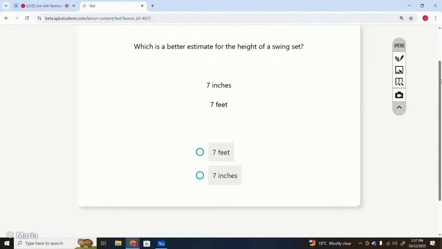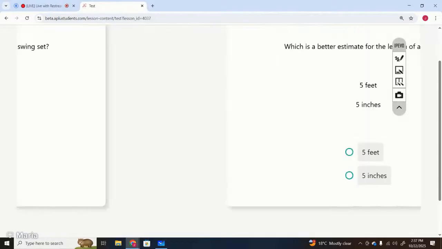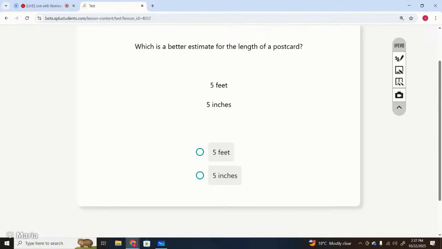It would be 7 feet because 7 inches is too small for the height of the swing set. Which is the better estimate for the length of a postcard? So the postcard would be 5 inches because 5 feet is too long for the postcard.